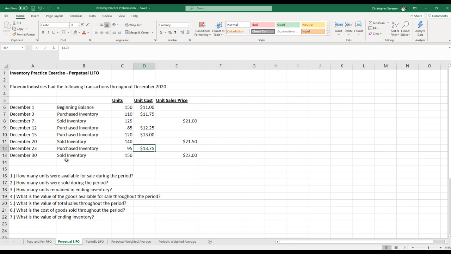The other thing I wanted to mention, when you see this type of data set, notice that you have X number of units purchased or sold, and then you have a per unit cost. One of the first things that's handy to do is create, if you want to call it, a total cost and a total sales for each actual layer.